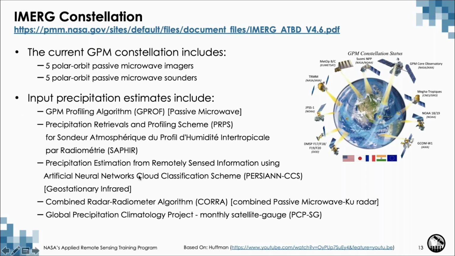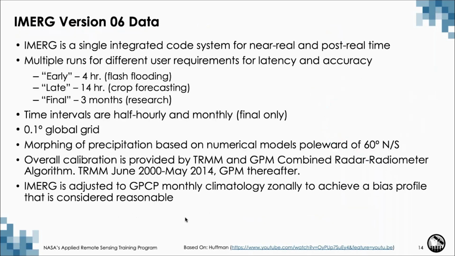There is also a cloud classification scheme. Then the main calibration is done through the radar radiometer combined algorithm, or CORA. And finally, there is the Global Precipitation Climatology Project, which has been going on since 1980. Monthly satellite gauge data are also used in calibration for this product.